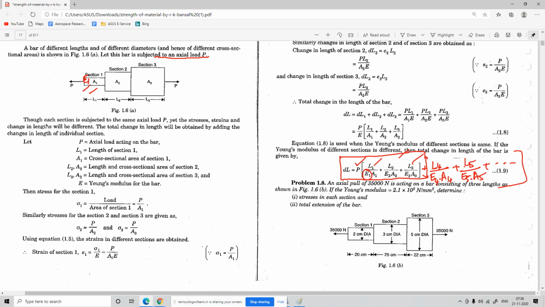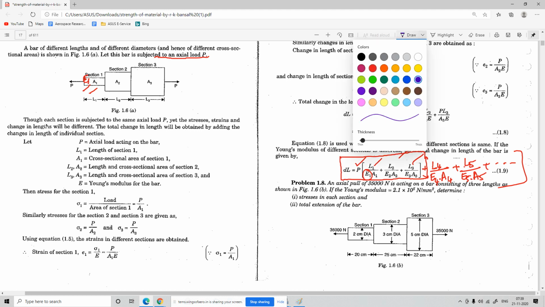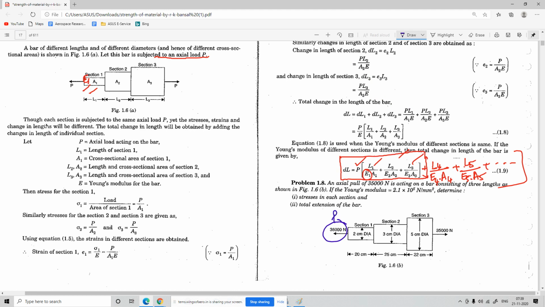If the Young's modulus is 2.1 into 10 power 5 Newton per mm square, determine the stresses in each section and the total extension of the bar. They have given you the figure, with the P value and the diameters, so from there you can find the area of section 1 and the area of section 2, and they have given the area of section 3.